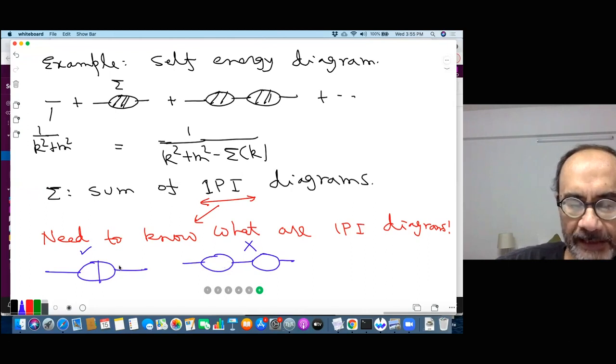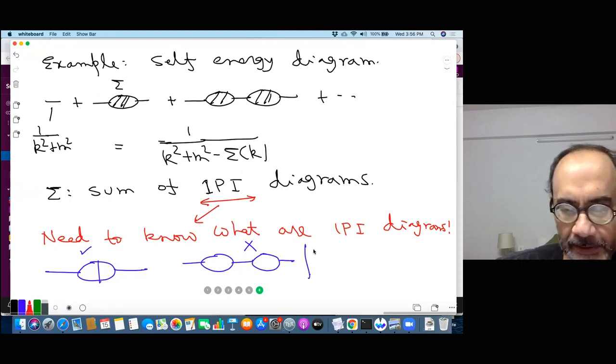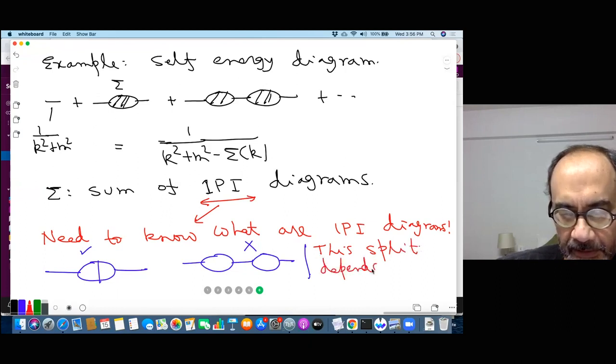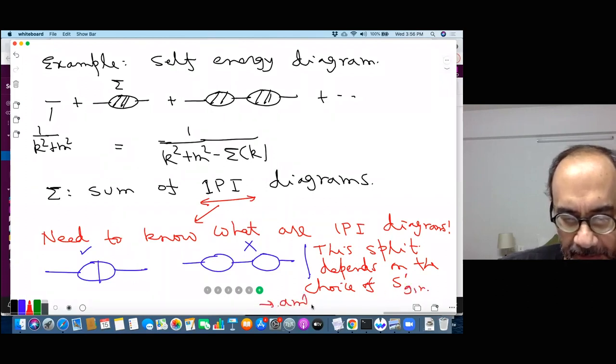I should also add that this decomposition, which regions are 1PI and which are not, depends on the choice of S prime 0. So this split depends on the choice of S prime g,n, and as a result, it's necessarily ambiguous.